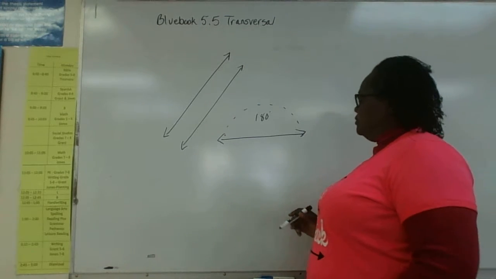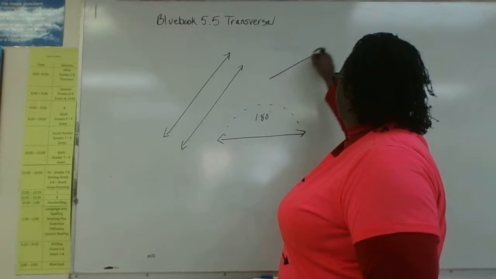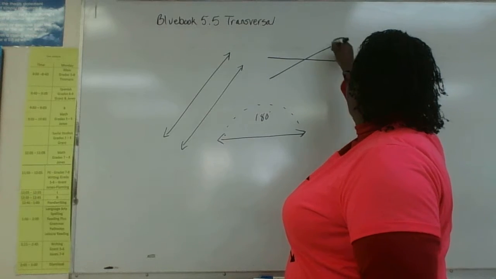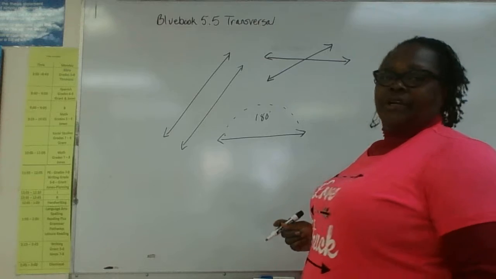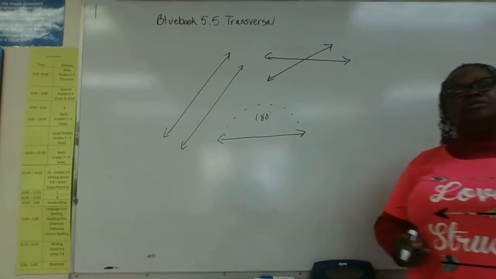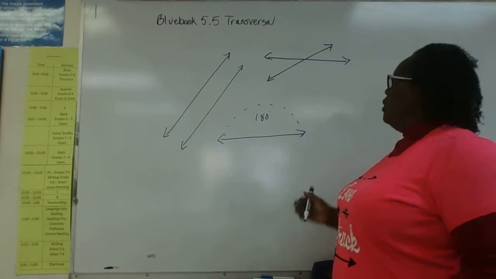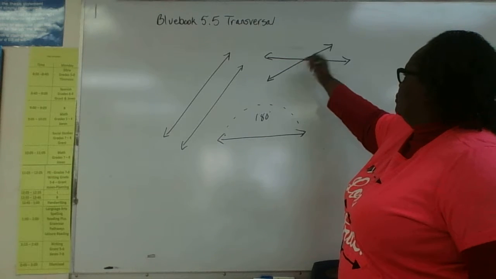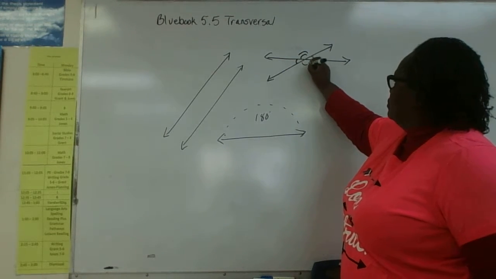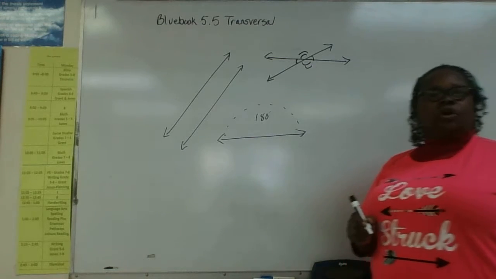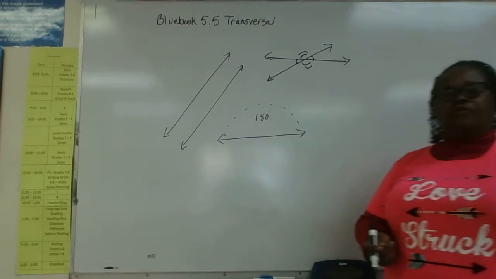We've already learned that these are intersecting lines, and intersecting lines form vertical angles. And so that's what we've learned so far.